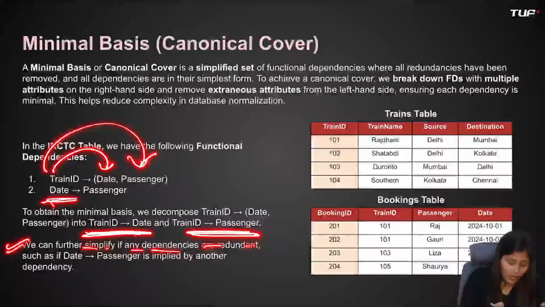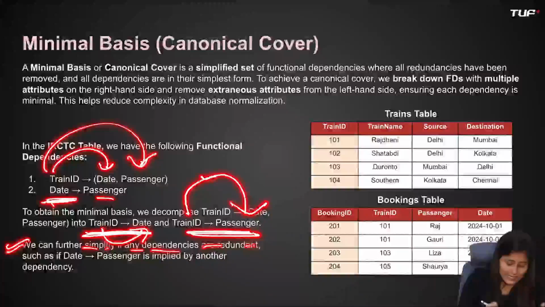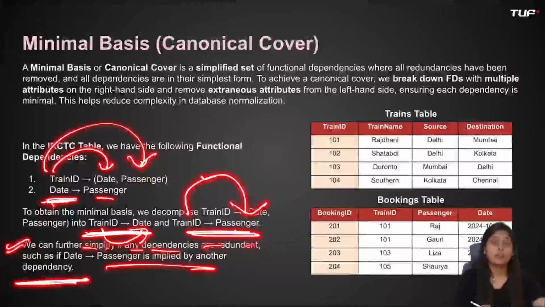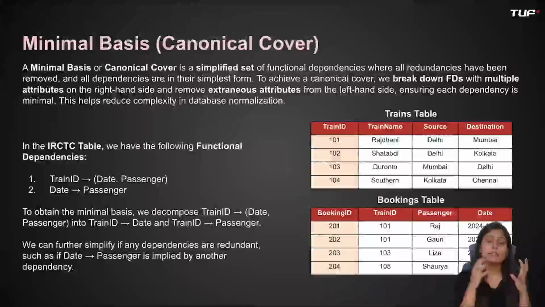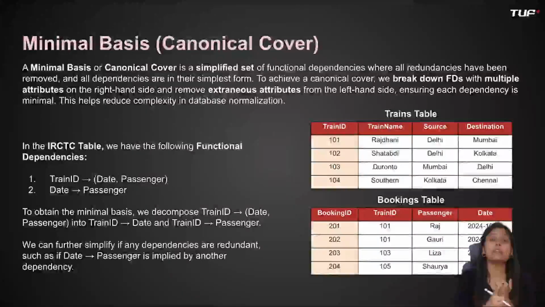Now from this, train ID determines passenger and train ID determines date, we can say date determines passenger. Here we have found the new dependency in a simpler form to find the relation, basically for the normalization case. So this is what minimal basis says. It focuses on removing the redundancy, basically the data duplication, and also on minimizing the functional dependency complexity.